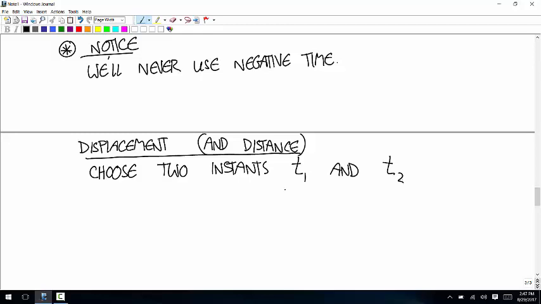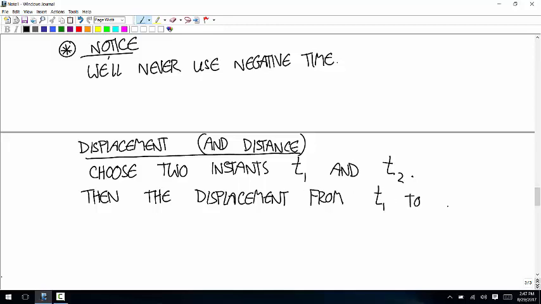T1 is the earlier instant and T2 is the later instant. And the displacement from T1 to T2 is, I'll call it lowercase d, and it's the position at instant T2 minus the position at instant T1.